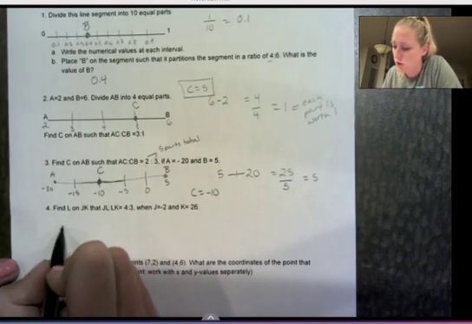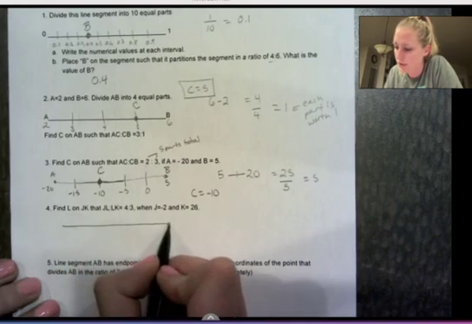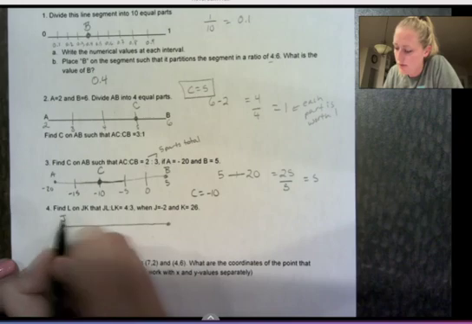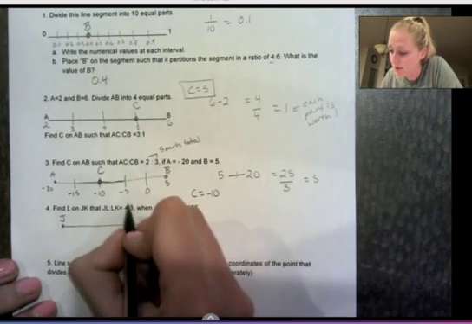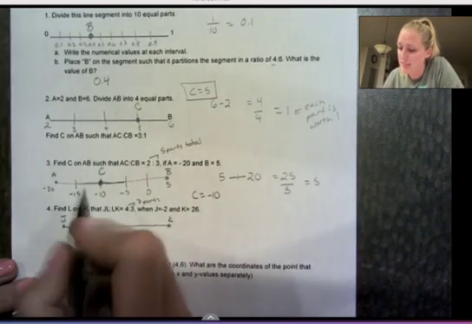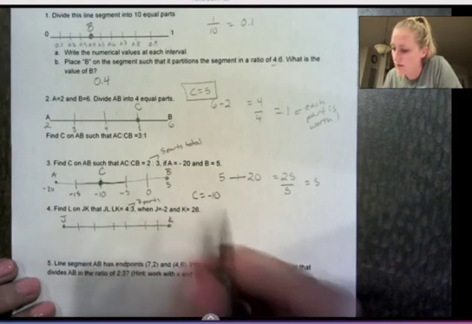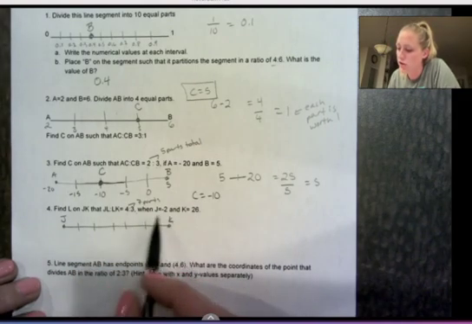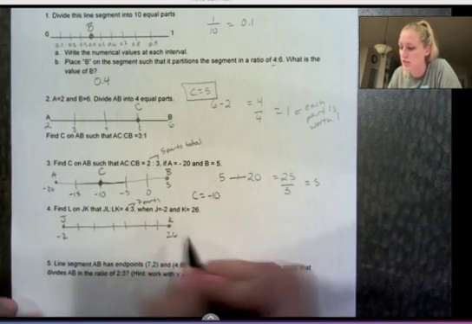Okay, so J to K, I want the ratio 4 to 3. So 4 parts on the left, 3 parts on the right is 7 parts total. So I need 6 lines. J is at negative 2, K is at 26.